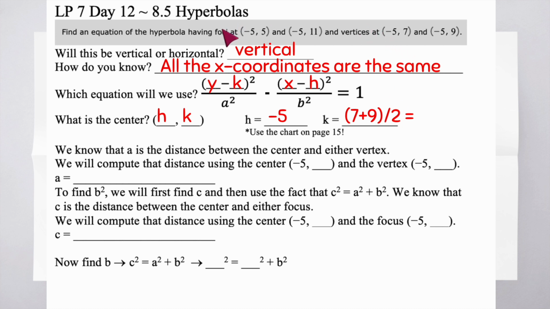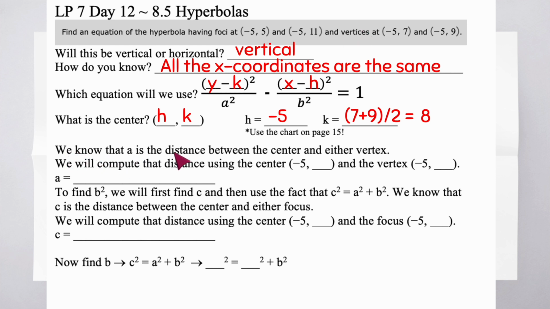It doesn't matter which one I choose. So I can do 7 plus 9 divided by 2, and I get 8. I could have done the same thing with 5 plus 11 divided by 2, which would also be 8, because 16 divided by 2 is 8.